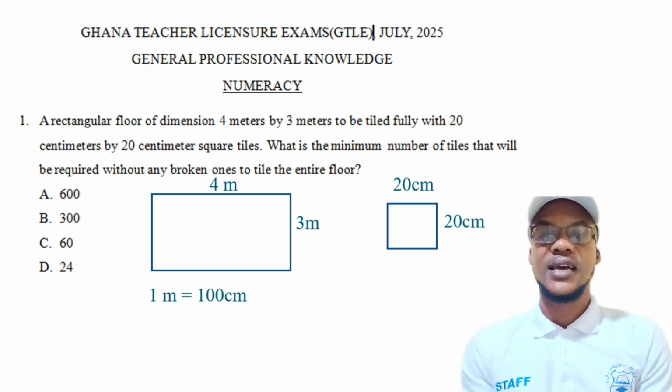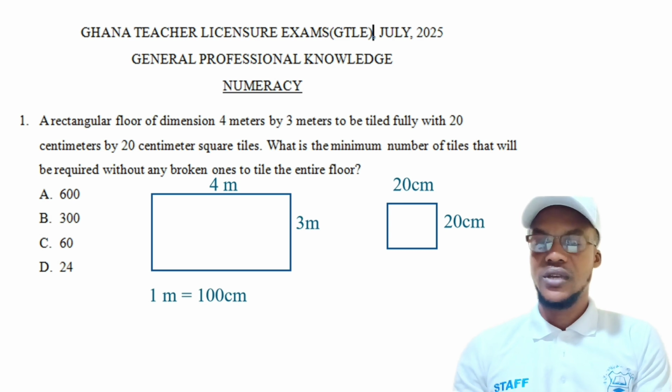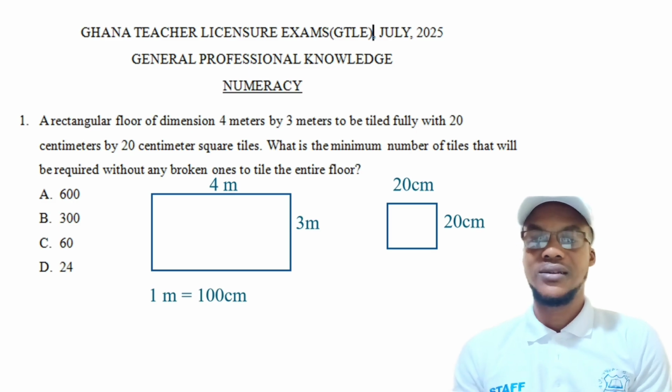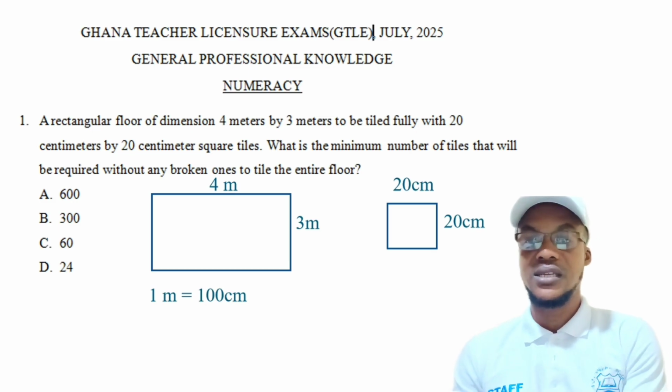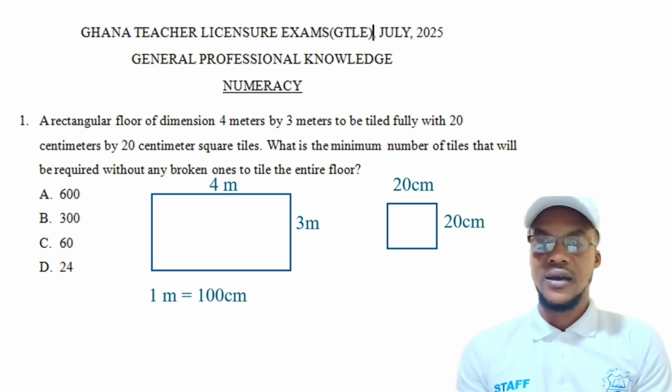For the length side of the rectangle, which is 4 meters, we multiply by 100 centimeters and divide by 1 meter, so that we get the value in centimeters. If you multiply, we get 400 centimeters. The same thing if you multiply 3 meters by 100 centimeters and divide by 1 meter, we get 300 centimeters. Have you gotten that?